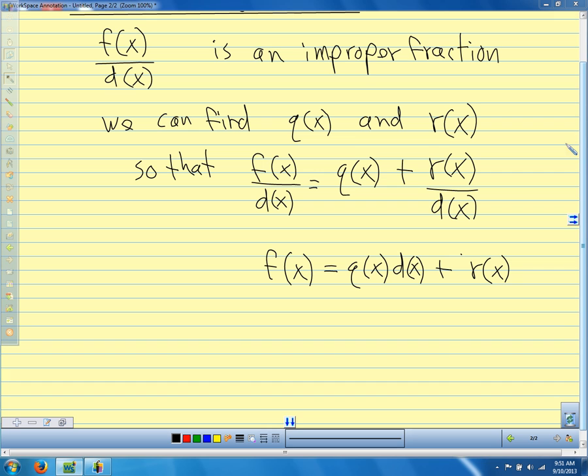And we give special names to all of these things. So I just want you to see these names because you'll see them come up. They'll talk about these things. F is the dividend. D of x is the divisor. Q of x is the quotient.